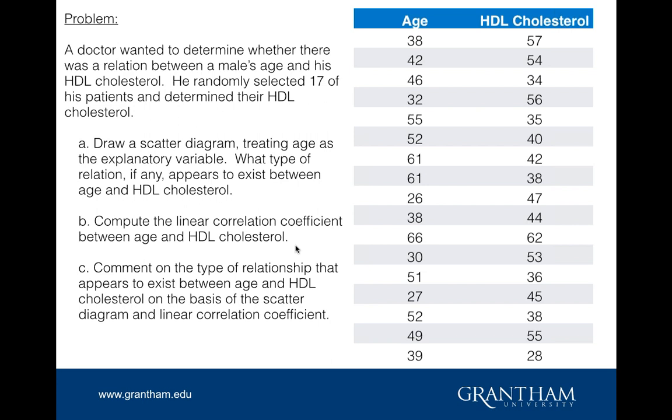We are asked to compute the linear correlation coefficient, which we found to be negative 0.16, a small number. And then we're asked to comment on the type of relationship. Again, this implies that there is no linear relationship between the two variables.